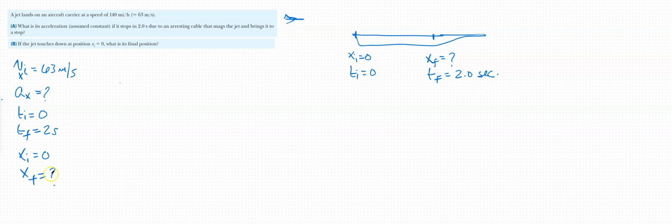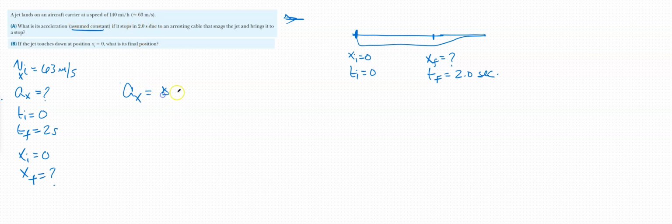So we have 2 unknowns. I did this little drawing. The jet comes and is going to land here at the initial position when initial time is 0, and it's going to stop at a final position when final time is 2 seconds. Because we want acceleration, we look at all the 5 equations I gave you before, and I'm going to select the definition of acceleration, because it's assumed constant.